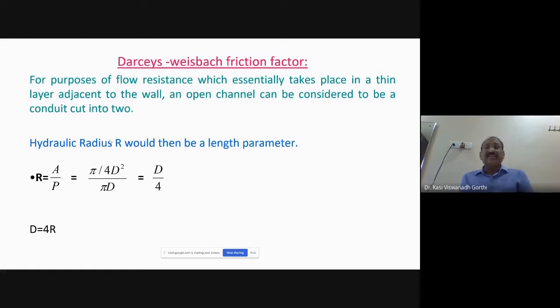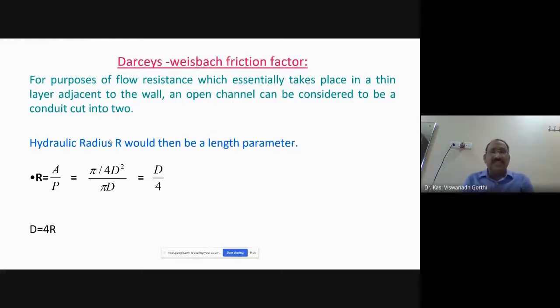The second equation that we usually use here in open channel flows is the Darcy-Weisbach friction factor. For the purpose of flow resistance, which essentially takes place in a thin layer adjacent to the wall, an open channel can be considered to be a conduit cut into two halves.